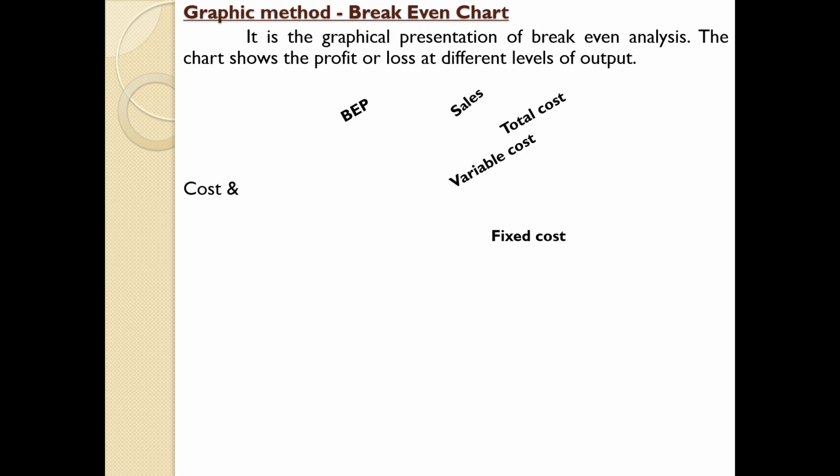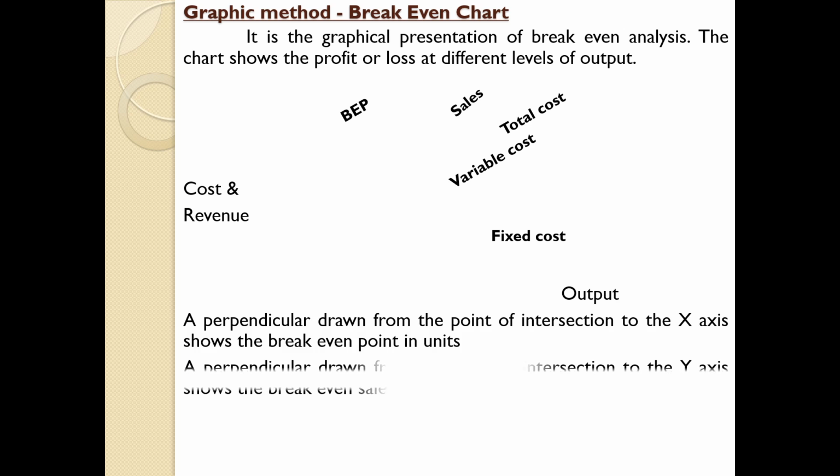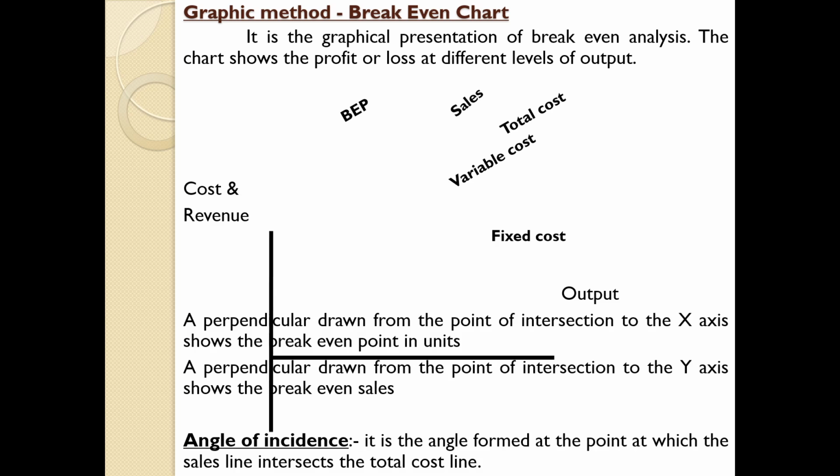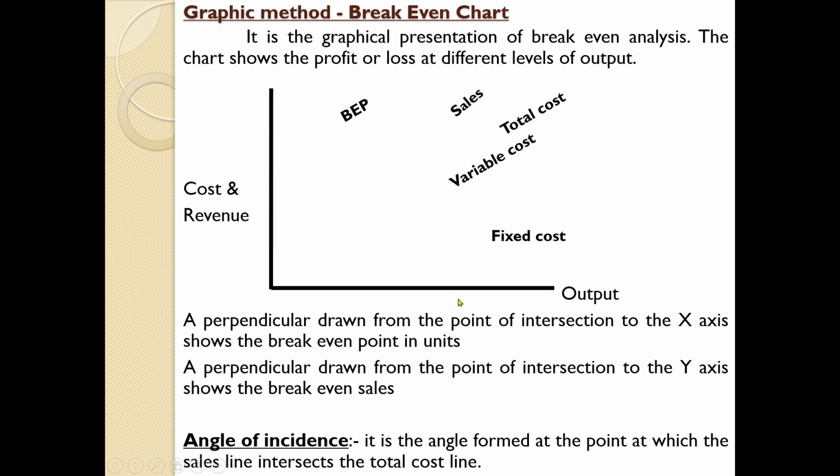Every graph has two axes, the x-axis as well as the y-axis. The x-axis is represented by output, or by sales amount if it is represented in sales. If it is represented in capacity, it means a concern that has the capacity to produce 10,000 units or 20,000 units.